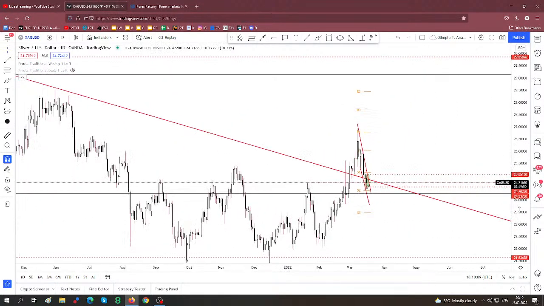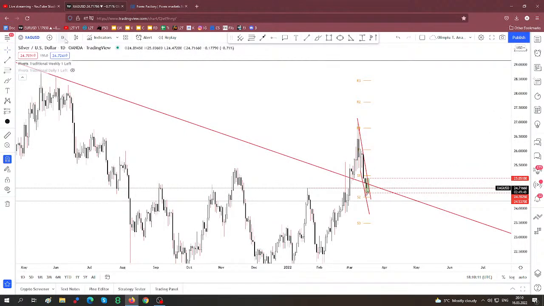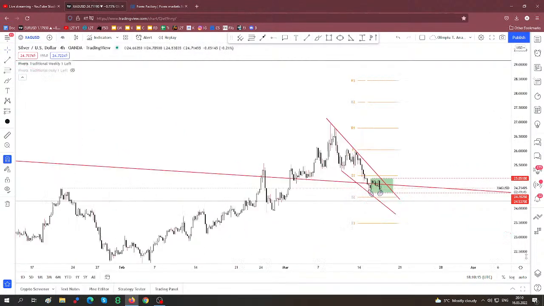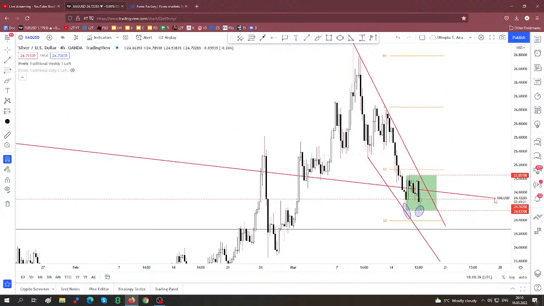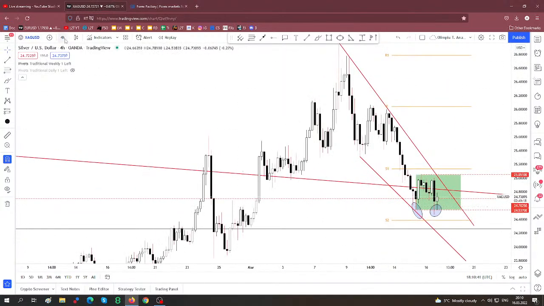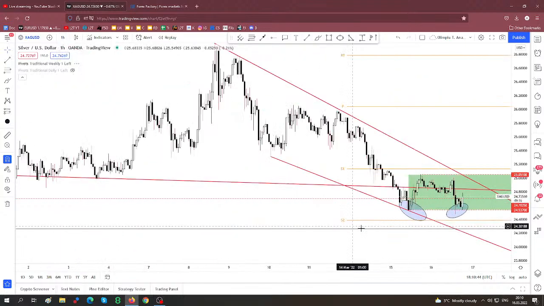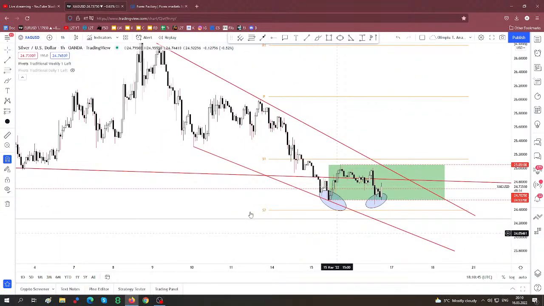But here we'll need the price to come back higher, maybe to escape from this range, maybe to make a new higher high, to confirm a potential new leg higher, to confirm that this was only a temporary retreat, or maybe this will also be a falling wedge pattern. So we'll have to wait. Personally I wait here in silver, because we need confirmation, guys.